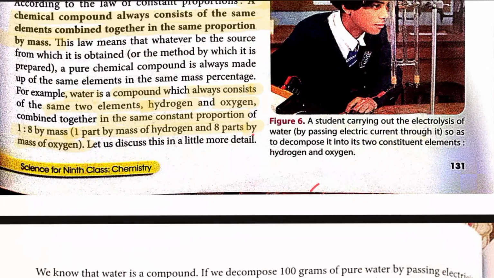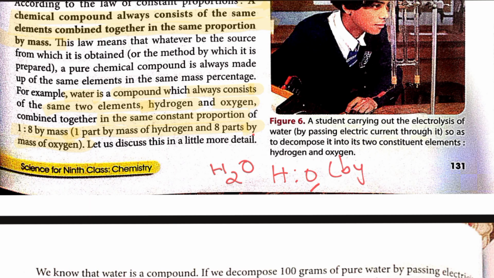See, water is H2O. Now, H to O by mass, what is the ratio? We need to know that. For that, you have to know the atomic weight of hydrogen and the atomic weight of oxygen.